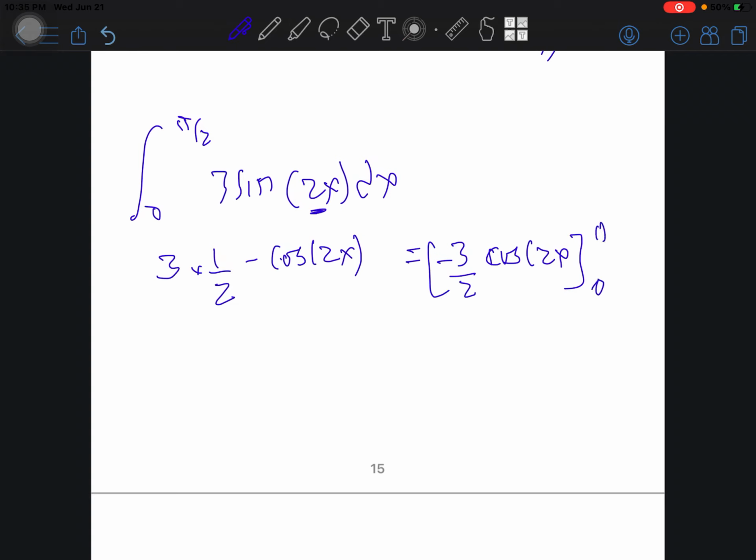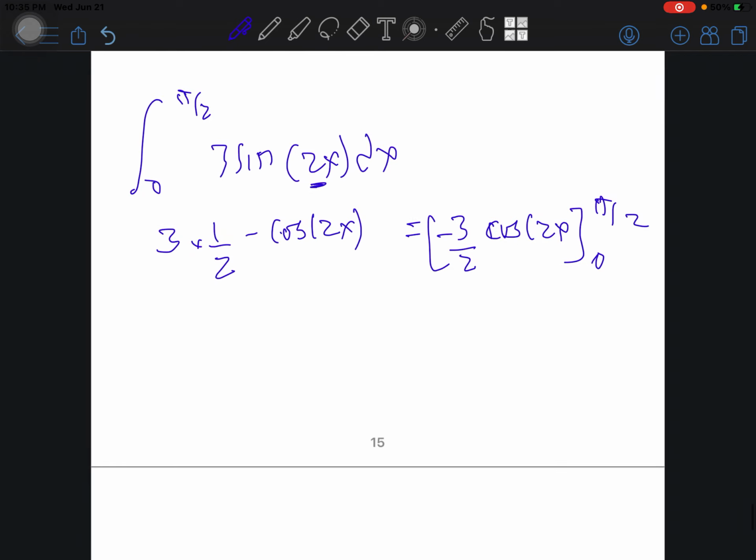Now remember that we have the limits 0 to pi over 2. What we need to do is just substitute. So negative 3 over 2 cos of 2 times pi over 2, that is the upper limit, minus negative 3 over 2 cos 0.